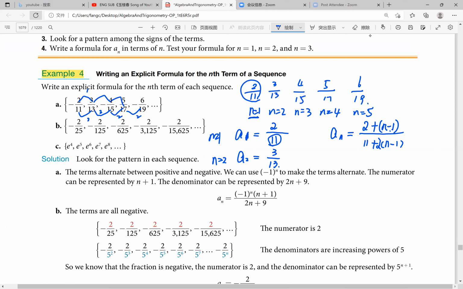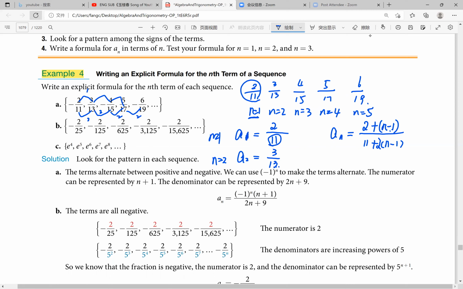So when n equals 1, 1 minus 1 is 0, 0 times 2 is 0, so a1 still is 2 over 11. But when n equals 2, 2 minus 1 is 1, 1 times 2 is 2, so 11 plus 2 is 13. So that is the typical process when we try to find an explicit formula.